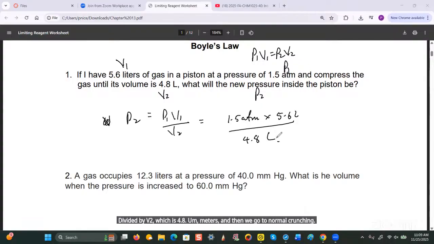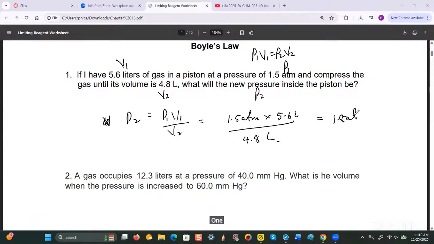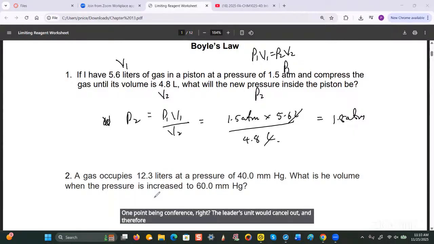So 1.5 times 5.6 divided by 4.8, and according to my calculation, when rounded out to 2 sig figs, the final answer becomes 1.8 atmospheres. 1.8 atmospheres, right? The liters unit will cancel out, and therefore that would be the final answer.